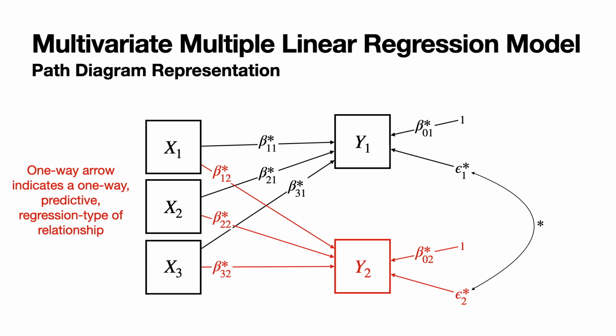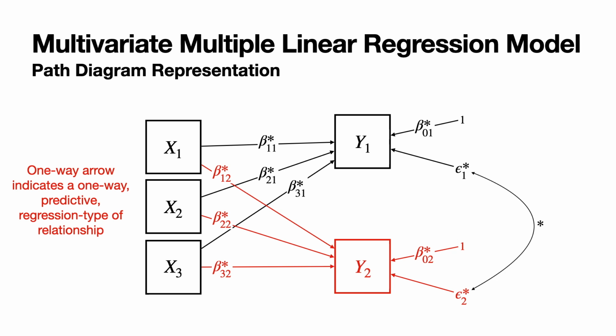In addition, we have an arrow coming from the 1 symbol into y1, and the coefficient associated with that path is beta 0,1, which corresponds to the intercept for the model involving response y1. Similarly, we have a path going from a 1 symbol to the response variable y2 with the coefficient of beta 0,2, and so that is the intercept for the model associated with y2.